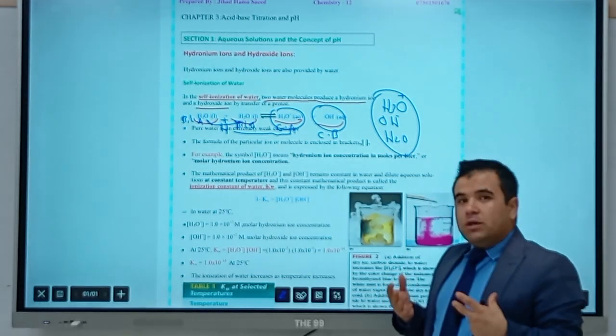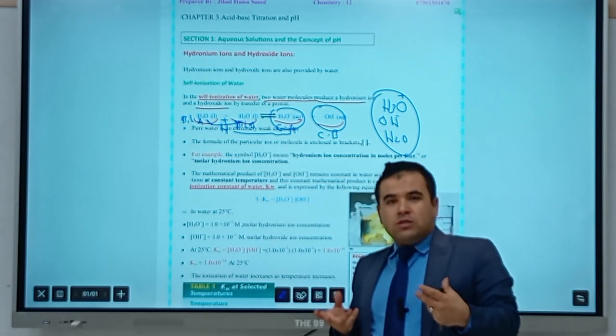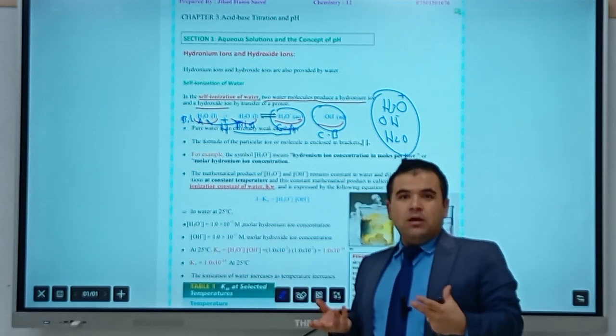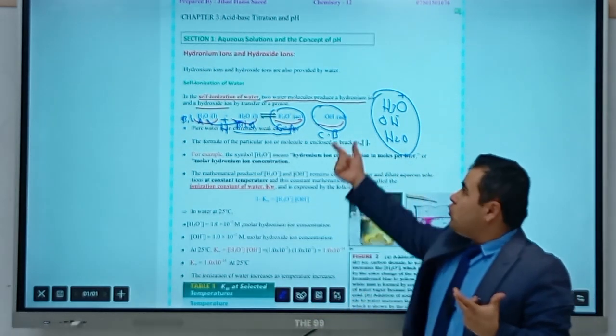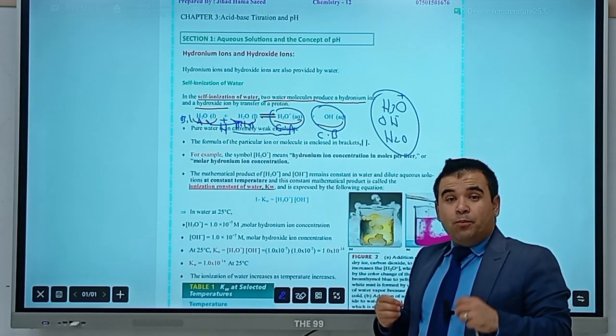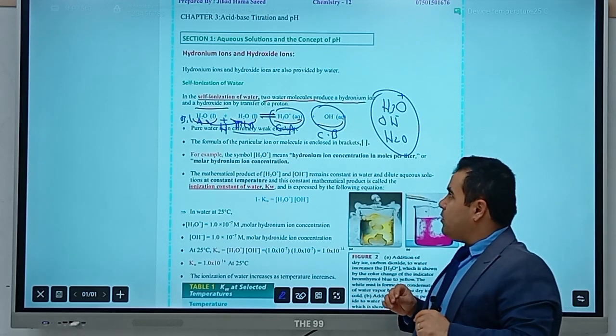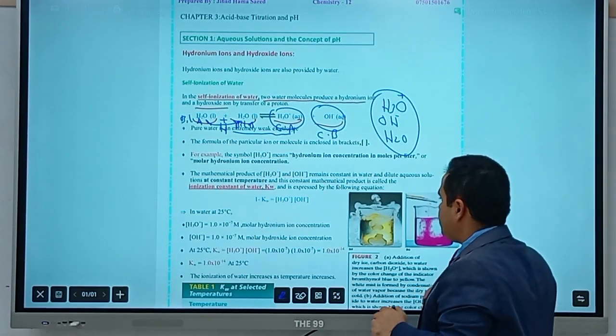That's why water molecules do not form ions strongly, and the existence of hydronium and hydroxide in pure water is not a lot. That's why it's an extremely weak electrolyte.